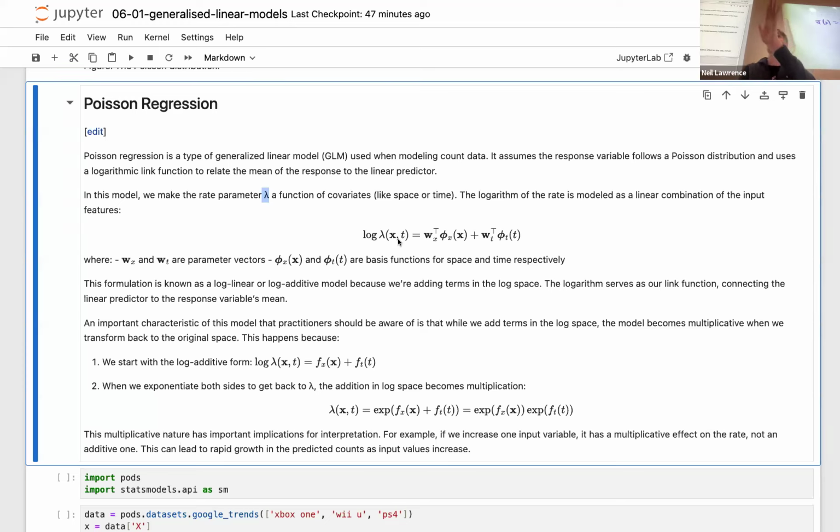But again, the rate parameter has to be positive. So what we do is we use a log link function, and we say that the log of the parameter is equal to the sum. So once again, be careful, because what we're saying is the rate is a product. The log of the rate is a sum, so the rate itself is a product of different influences.